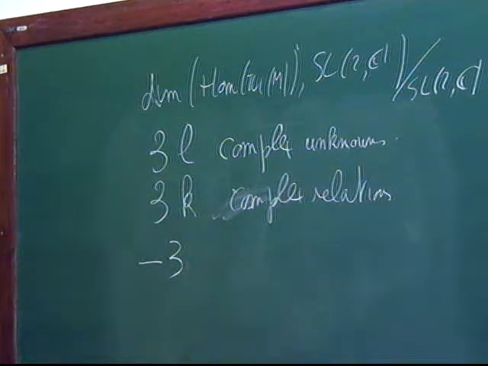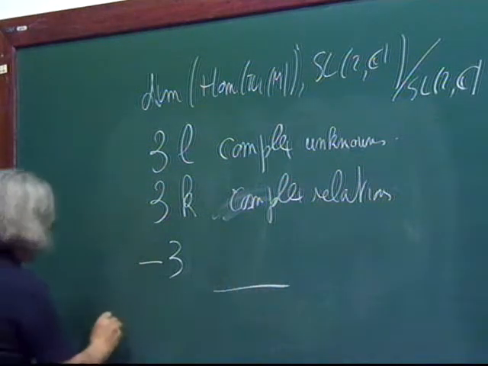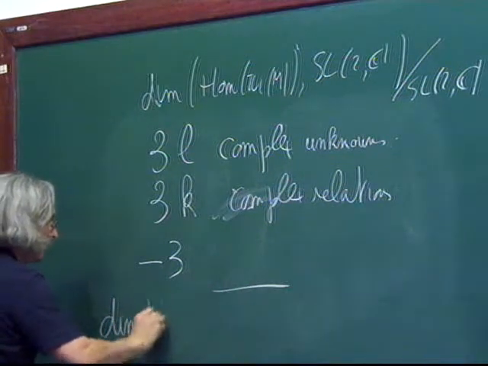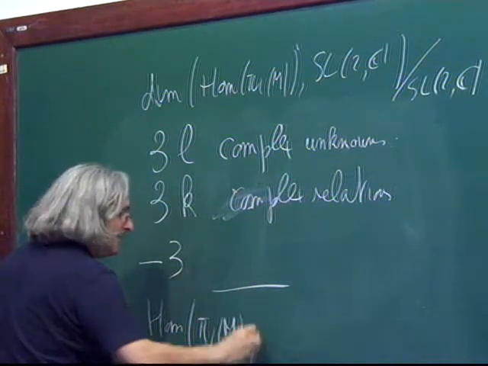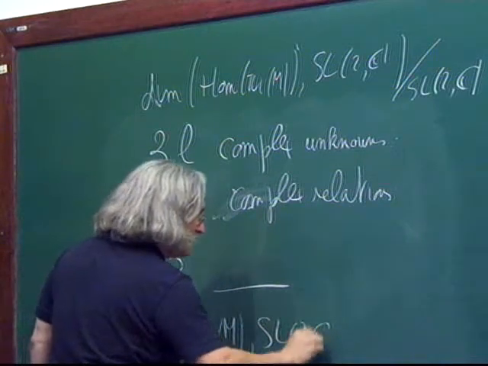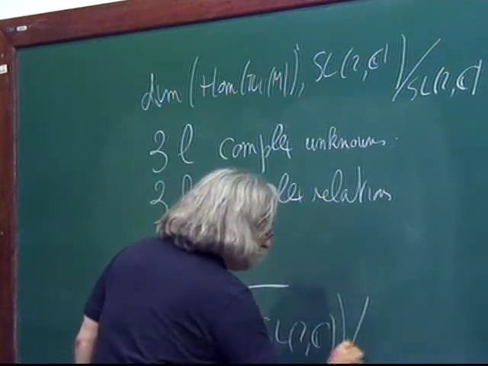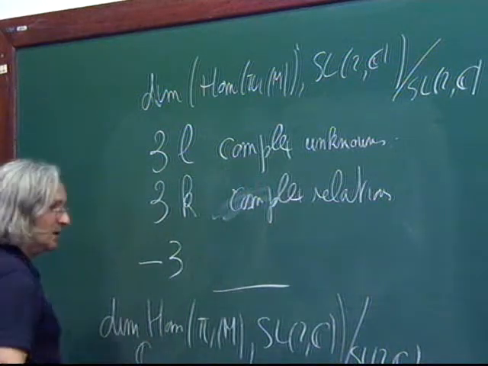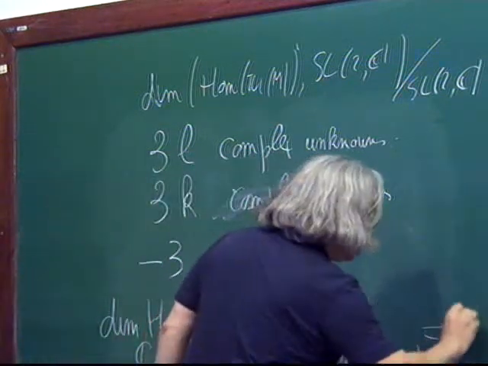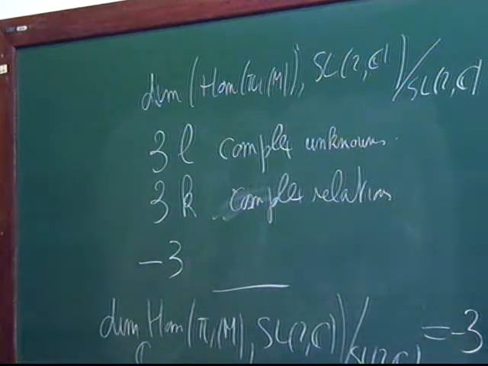So if I do the count, I get that the dimension of Hom(pi 1 M, SL2C) modulo SL2C over the complex numbers should be minus 3. Okay?